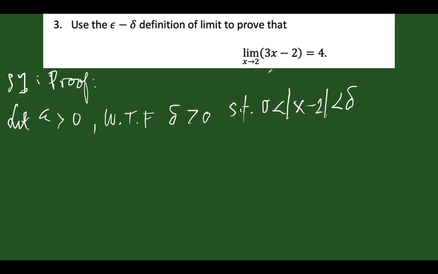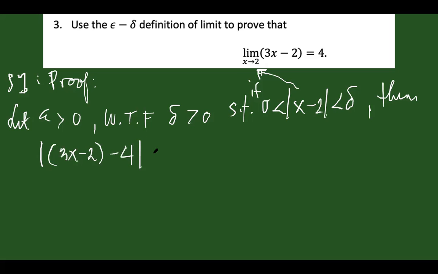And we got this from this. Then, such that if that holds, then the absolute value of the function 3x minus 2 minus the limit is less than epsilon.